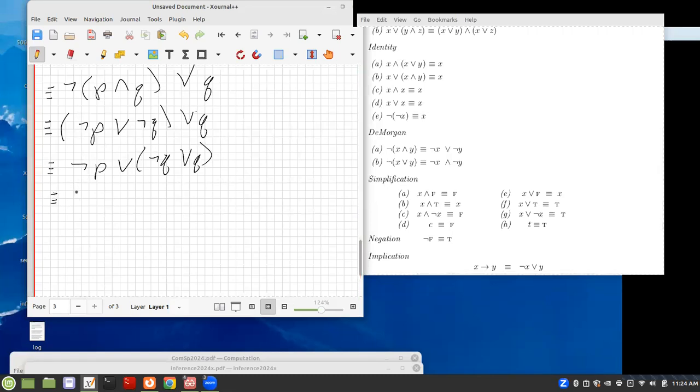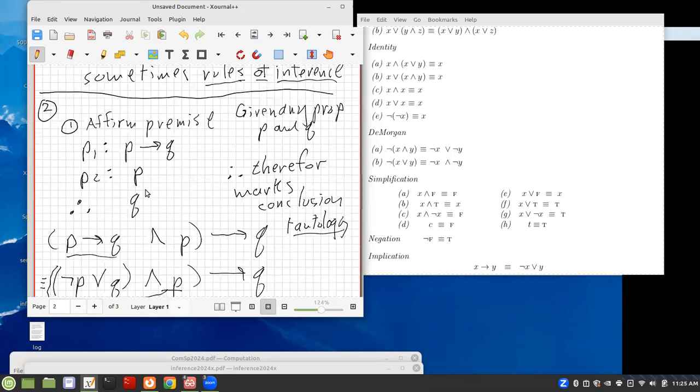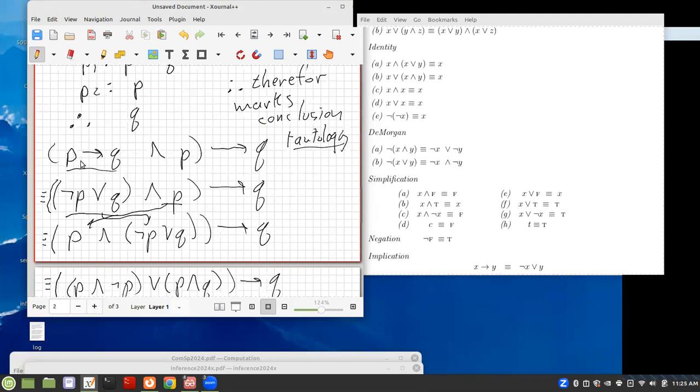So this is going to be logically equivalent to not P or true. And any statement or true is going to be true, because since this is true, the or is true. So this is logically equivalent to true. That means that through this series of logical equivalences, each one's logically equivalent to the next.